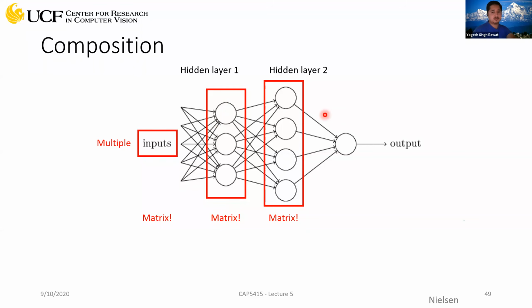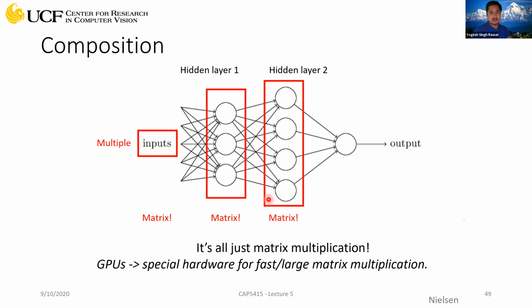And to get the output of the next layer, you do matrix multiplication between the output of this and the weights you have in this layer. So essentially in an MLP, all you have is matrix multiplication. In GPUs we have special fast operations which can perform this, and that's why we do this in matrix formulation and not write for loops for each of the neurons or each input image.